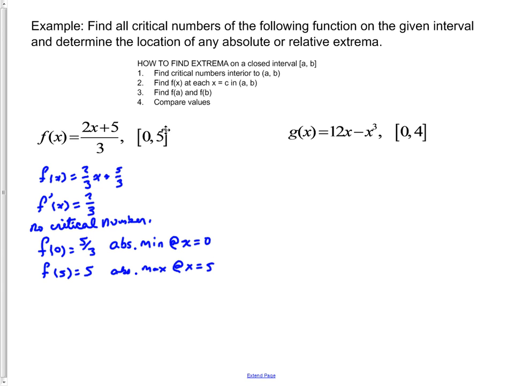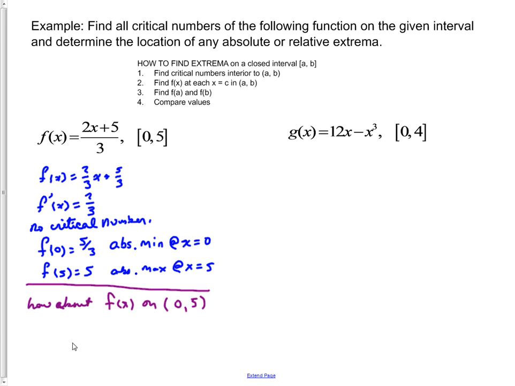Okay. Now, just a quick note on this one. What would happen if somebody gave you an open interval? What if the function were defined, how about f of x on the open interval from 0 to 5, and we had no endpoints right there?